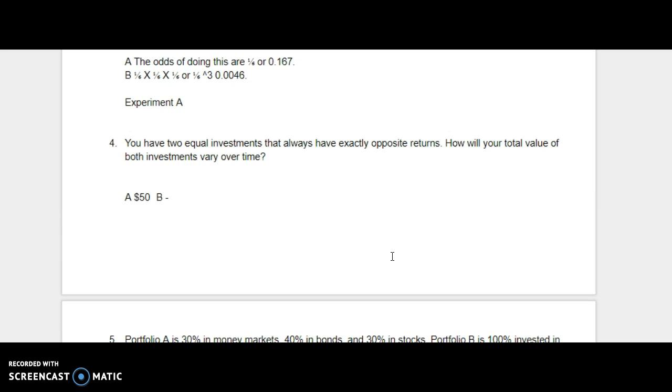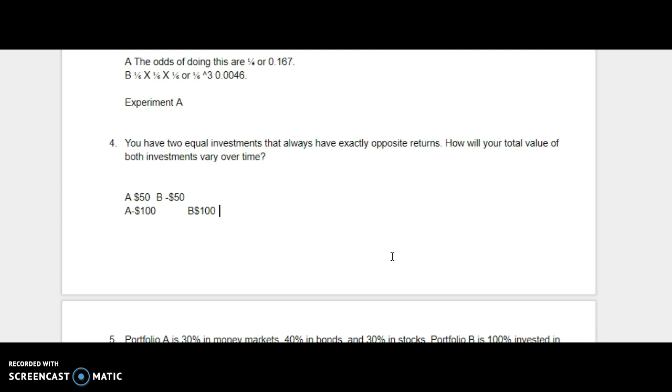So if A gains $50, that means B would actually lose $50. Let's try it again. Let's say A actually is the one with the loss this time, and A loses $100. Well, B, being the exact opposite, is going to gain $100.